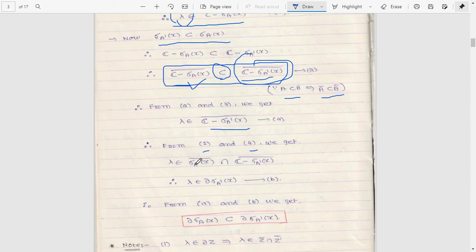So lambda belongs to the intersection of both. So lambda belongs to boundary of sigma A dash of x.